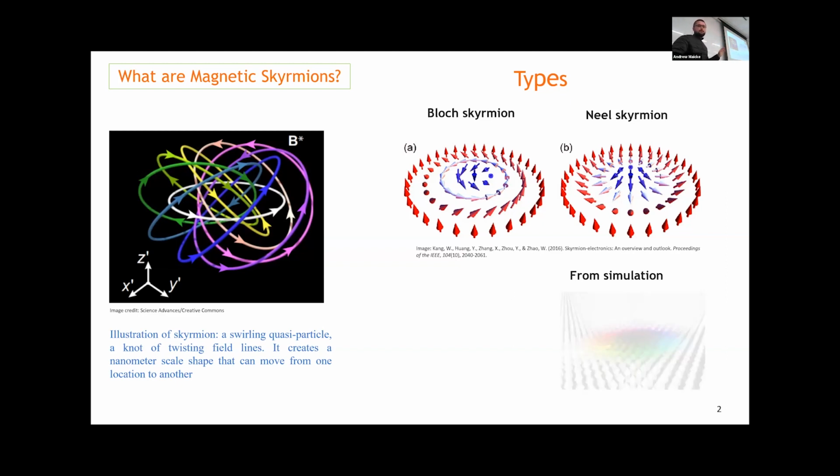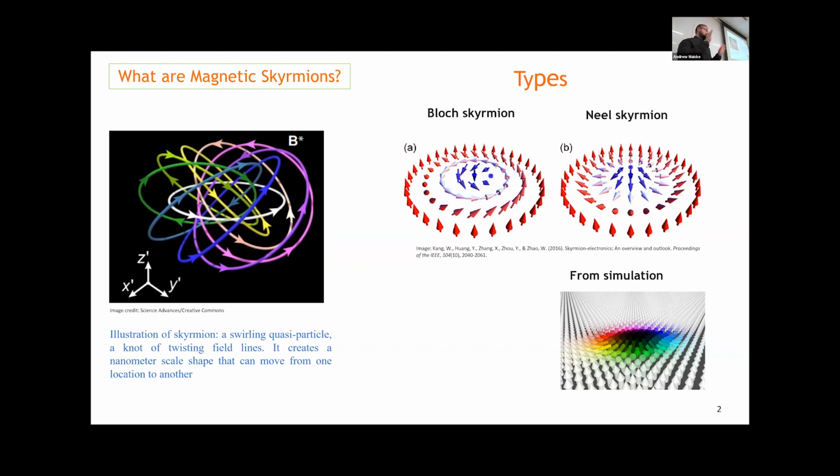We have two types, similar to domain walls, Bloch and Néel, if you remember from our class. In one, the spin rotates in plane, and in the other, out of plane. In the picture, black is pointing down, white is pointing up.